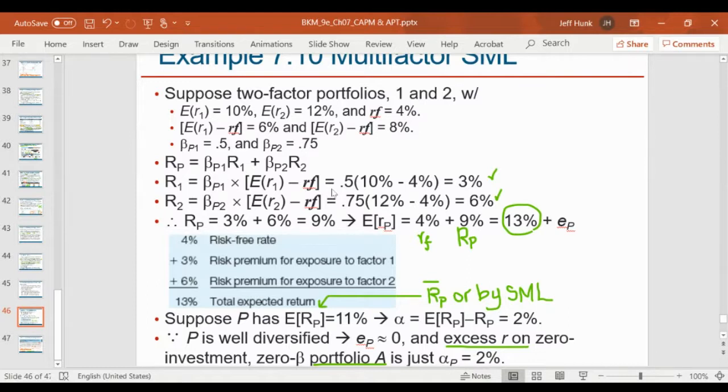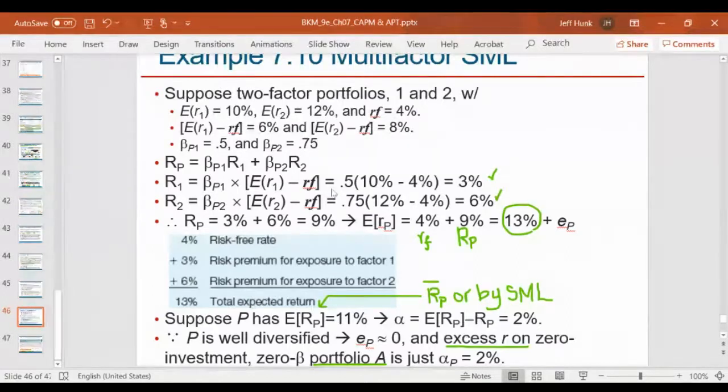Think about it. In a world where there is no short sale, the arbitrage model cannot work. But you get the idea now, right?